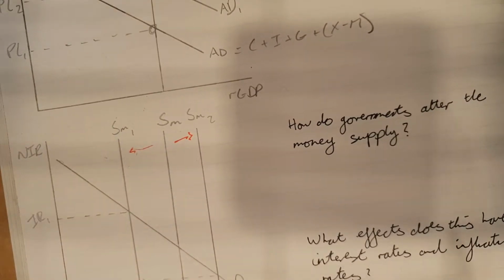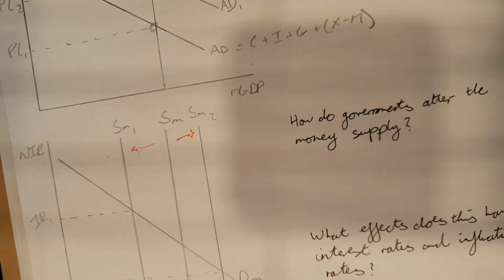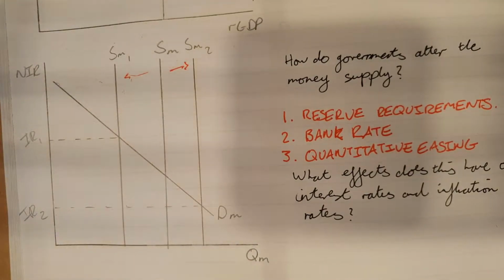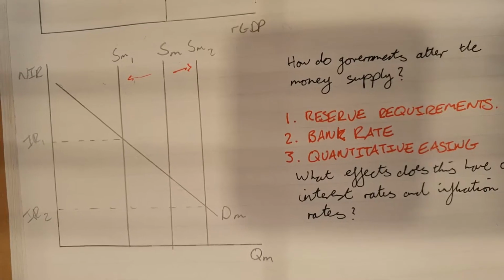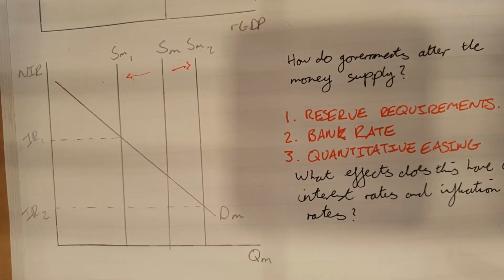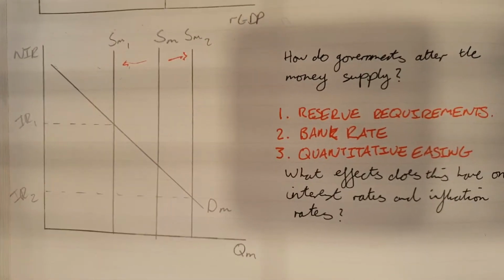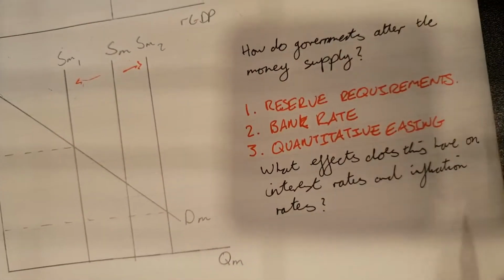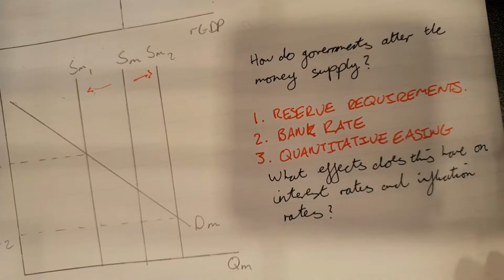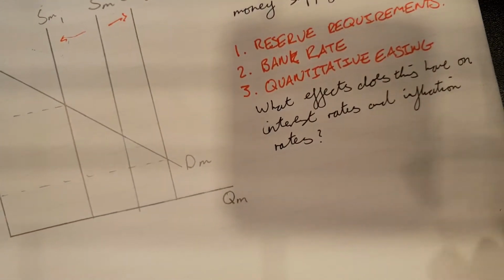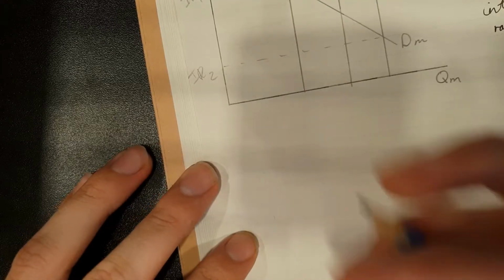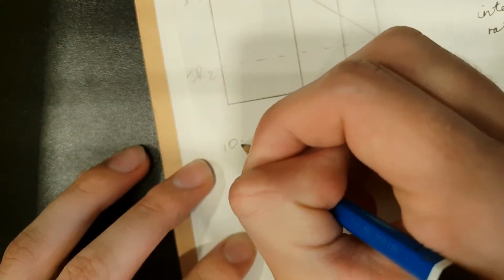How do the governments alter the money supply? And there's a few different ways they do it. Point one is reserve requirements. This is the amount of money that commercial banks have to hold at central banks with how much they lend out. So banks lending out a huge amount in loans have to keep more money at the central bank. It's usually a ratio like that. I'm going to make an example here to illustrate how reserve requirements work. Let's say there's a 10-to-1 ratio.